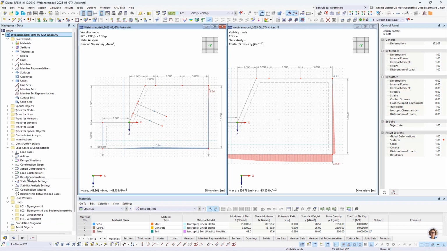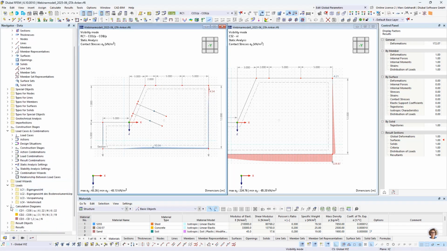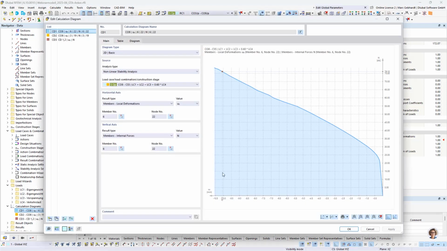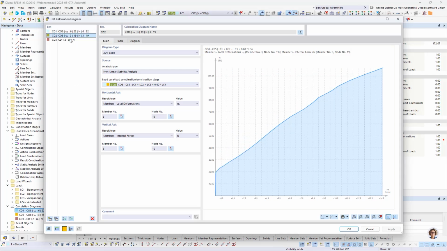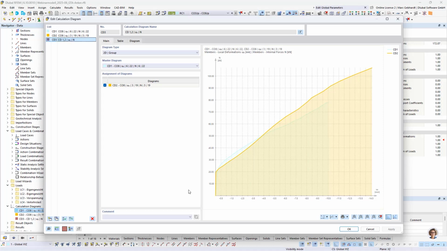Additionally, I want to show you calculation diagrams of the pile parts, as we see here. On the lower pile part anchor, the normal force is rising with the load and also the deformation and local X. Same applies for the upper anchor, and we now see here a combination of both of them.